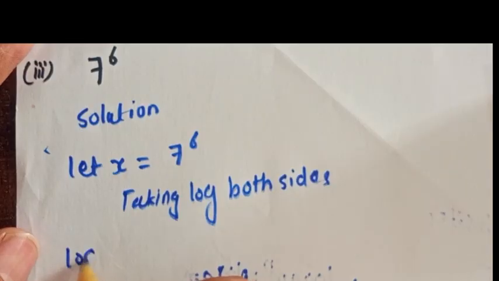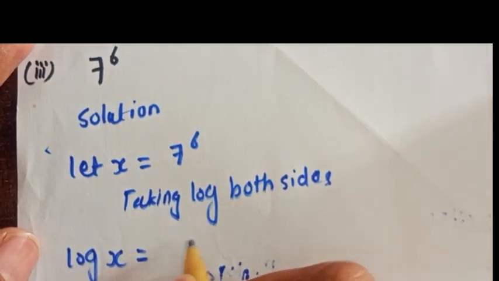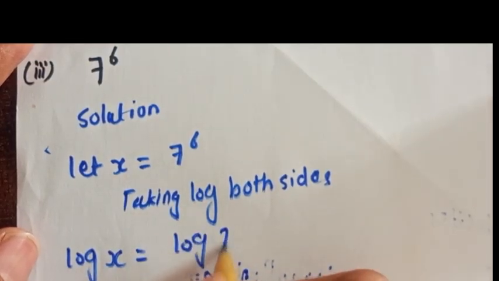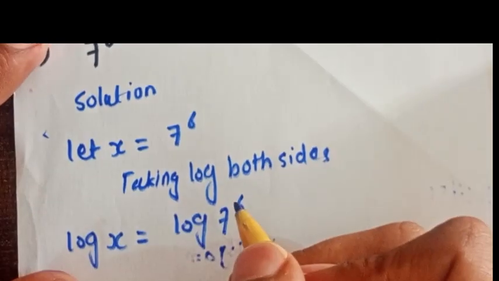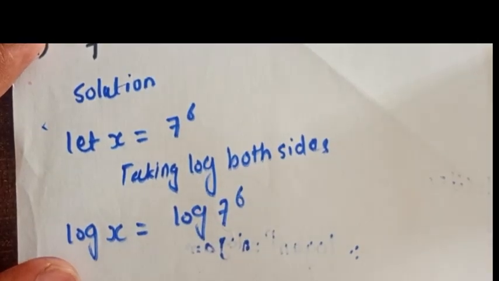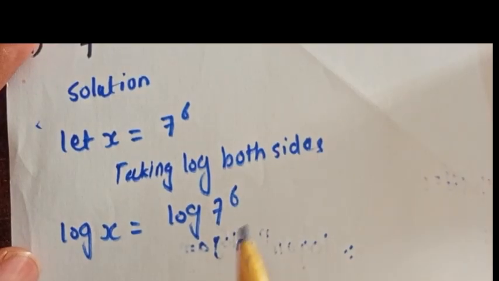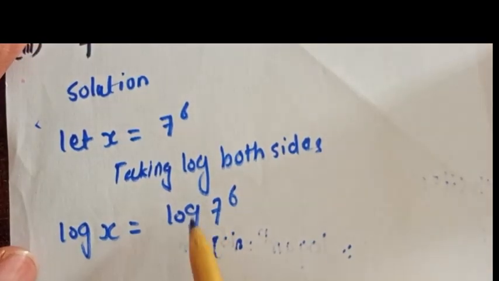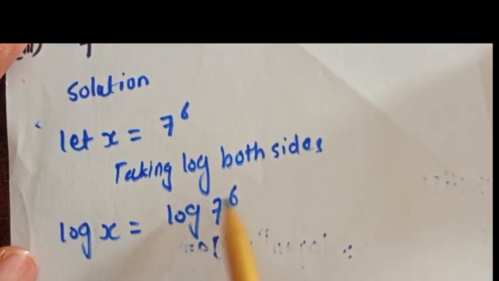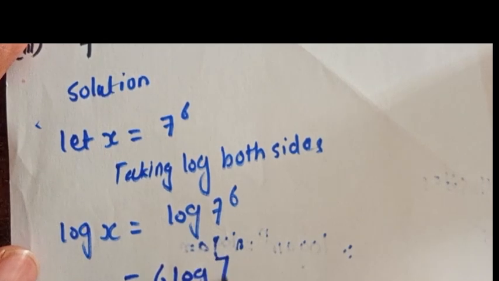Log x equal to log 7 power 6. Now I will change it according to the third law of logarithm. I will bring the exponent before log. That will be 6 log 7.